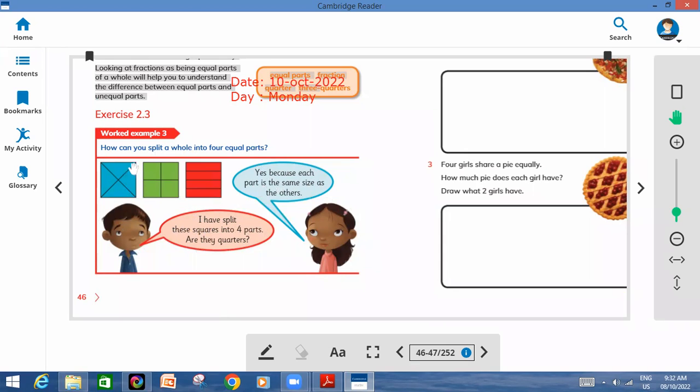So we can divide or split any picture with the help of lines. The most important thing is that all the parts should be equal.